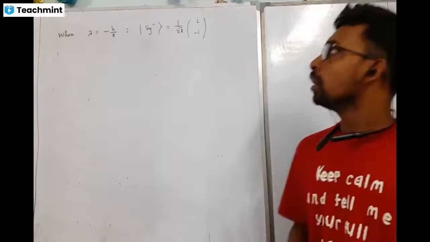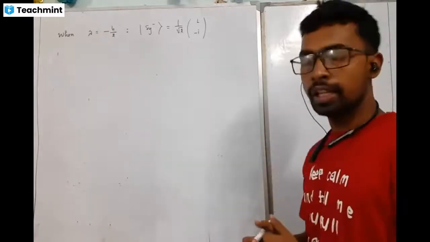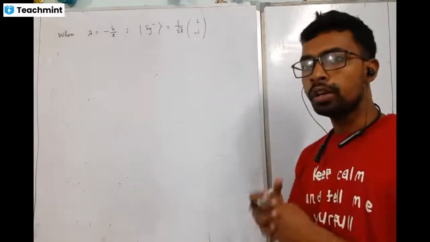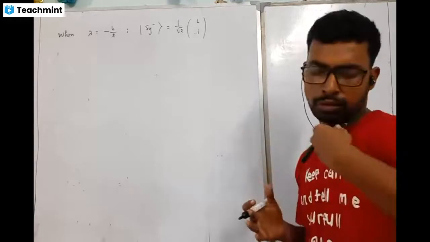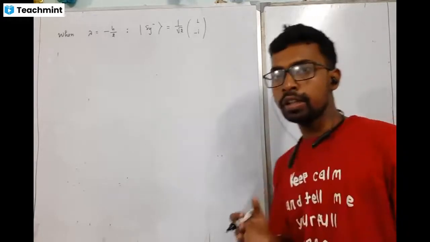Using this eigenket we can find the probability for getting minus h cut by 2.